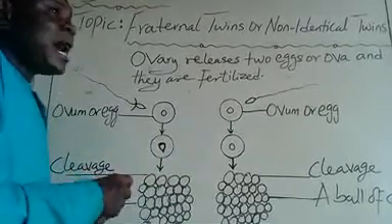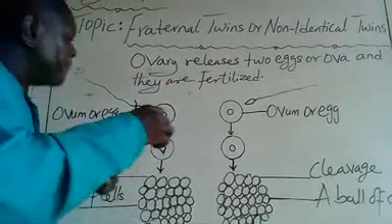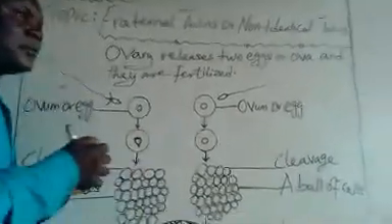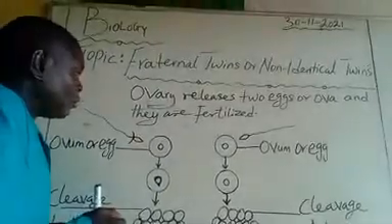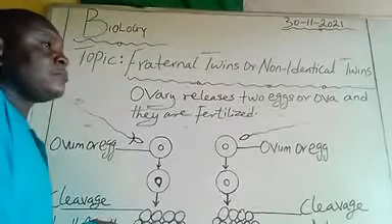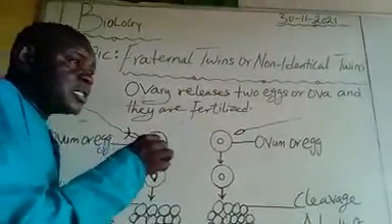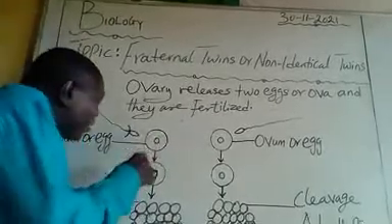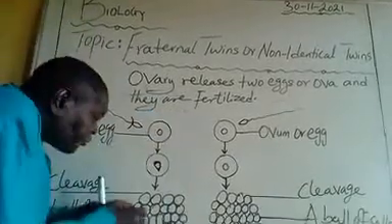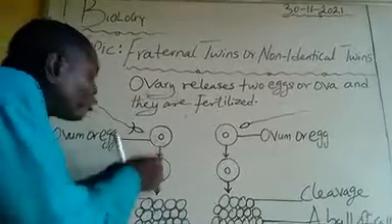Fertilization has to do with the fusion of the male gamete and the female gamete. Male gamete means sperm cell, while female gamete means egg cell. The fusion of the male gamete and the female gamete is what we call fertilization.